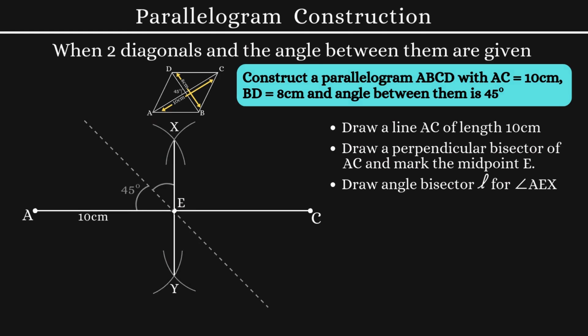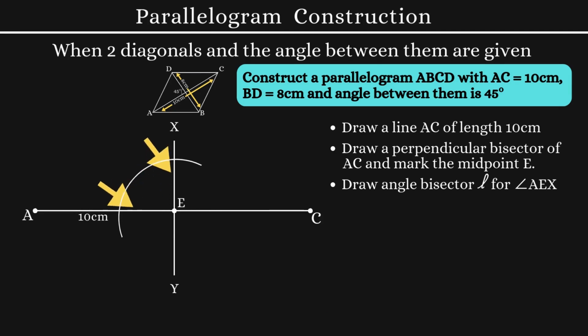To do that, let's keep the center at E and a convenient radius. We'll draw an arc which cuts both these lines. Now, with these 2 points of intersection as the center and a convenient radius, draw 2 arcs which intersect each other.